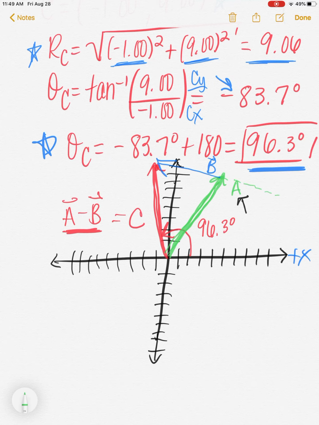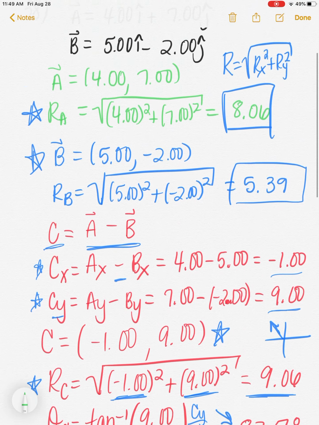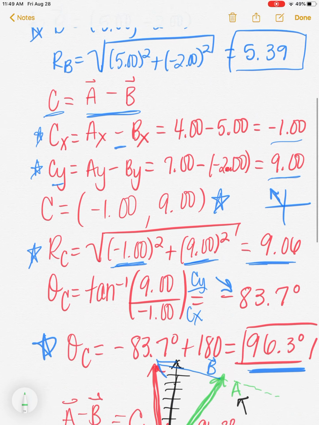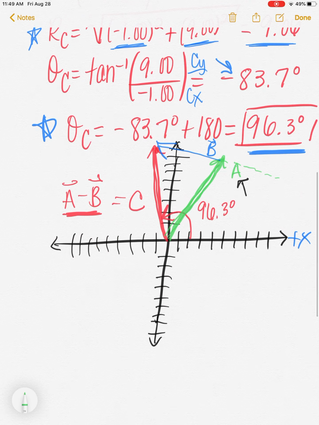Now normally vector B would have been in this direction, but since we're subtracting it, you have to draw it in the opposite way, because normally it would be a positive 5 in the x direction and a negative 2 in the y. So we're going to do negative 5 in the x direction and a positive 2 in the y direction. When you add those two together, this is your final position.